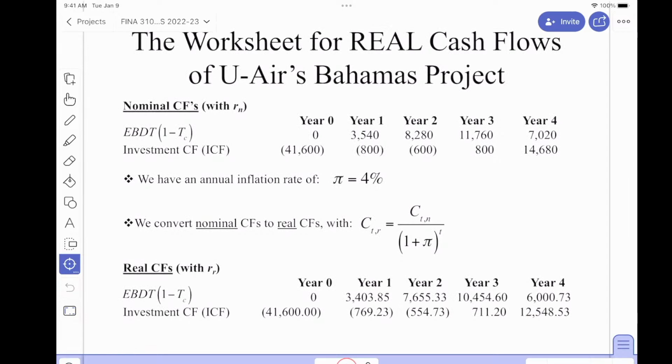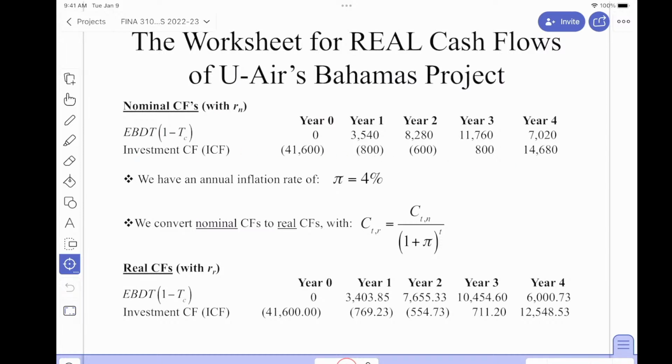What if I introduced inflation of 4%? If there's inflation of 4%, remembering that the cash flows that I give you are always nominal, right?